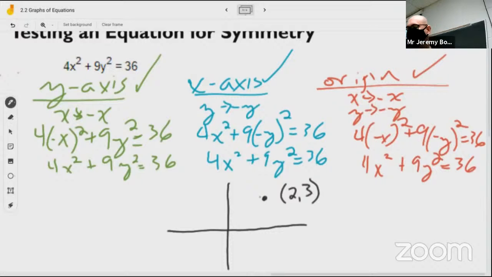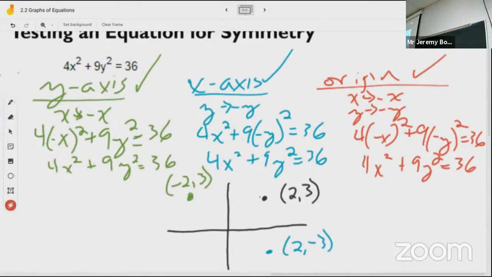Okay, so for it to be symmetric with respect to the y-axis, which we've been doing in green, what other point needs to be there? Negative 2, 3, because we're going to negate the x value, right? For it to be symmetric to the x-axis, what point would also need to be there? 2, negative 3, yep.